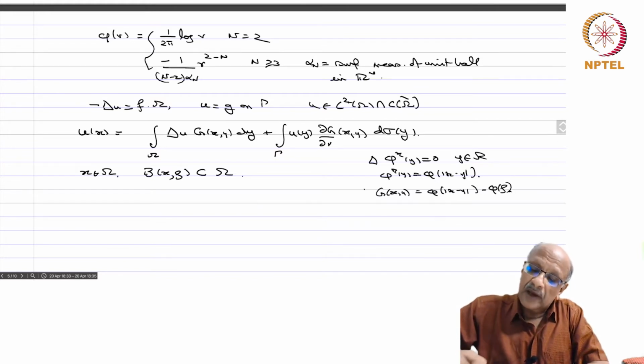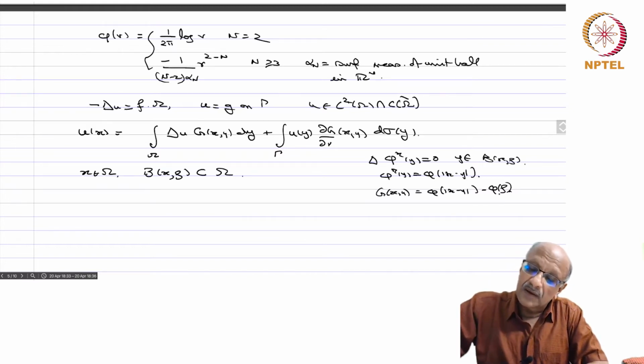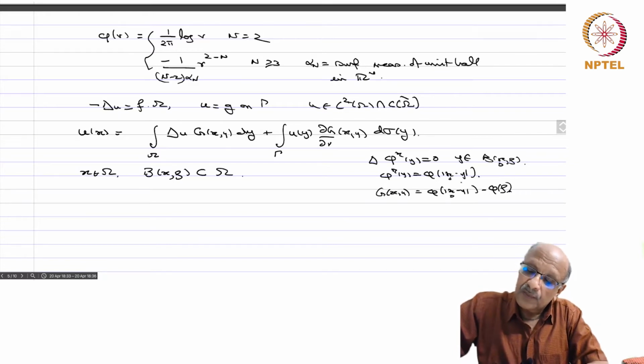So if omega equals B(x, rho), y in B(x, rho), we are going to take B(x naught, rho) for the fixed point x naught.